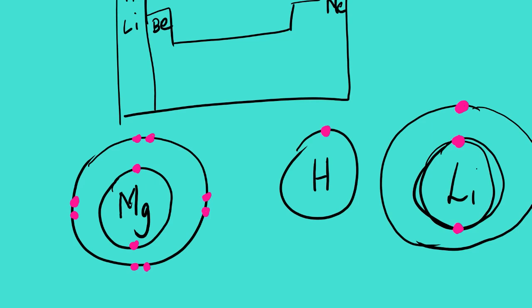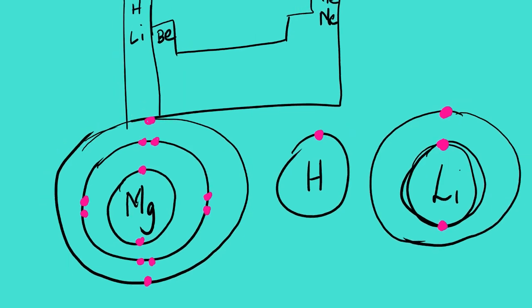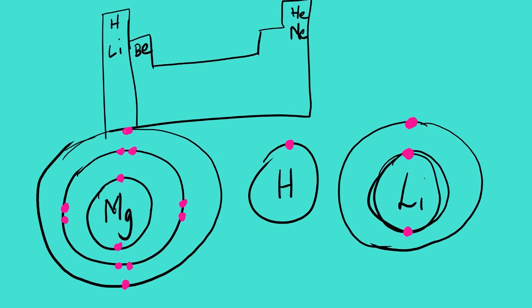We need to draw another energy level. Remember, energy levels number 2 and 3 can only occupy a maximum of 8 electrons. So we have 1, 2, 3, 4, 5, 6, 7, 8, 9, 10, 11, 12. If you understand this, it will be simple.